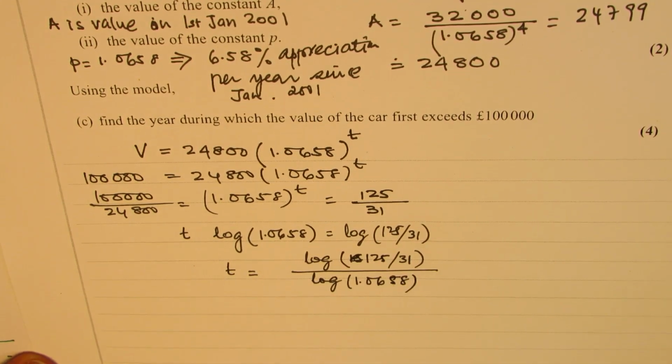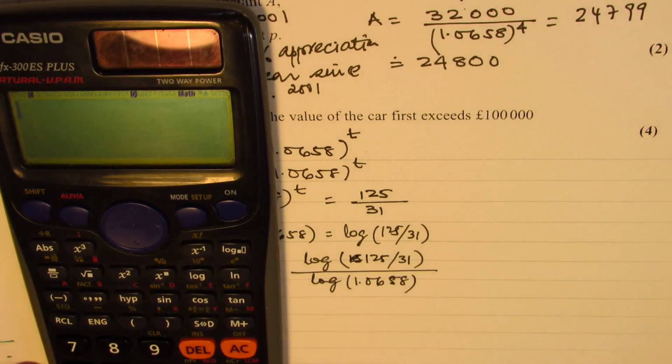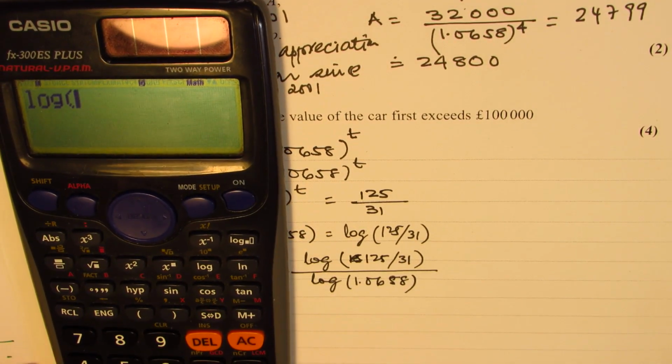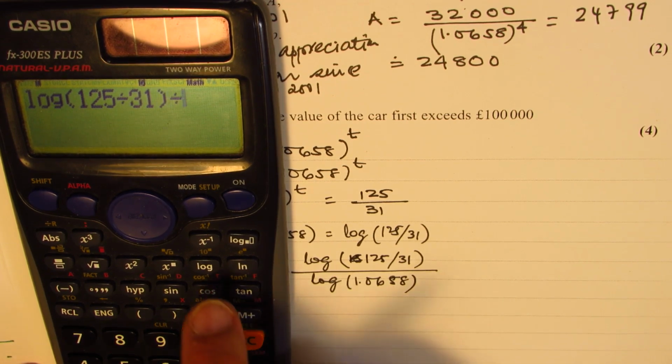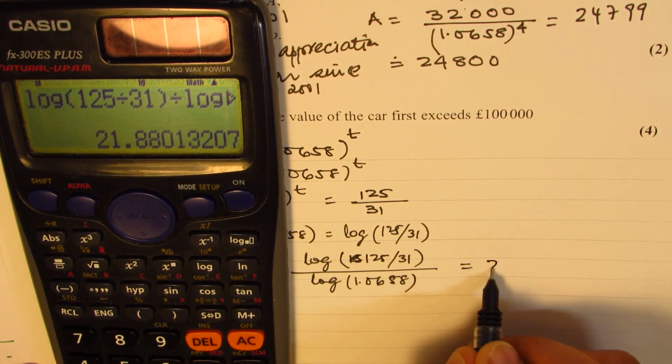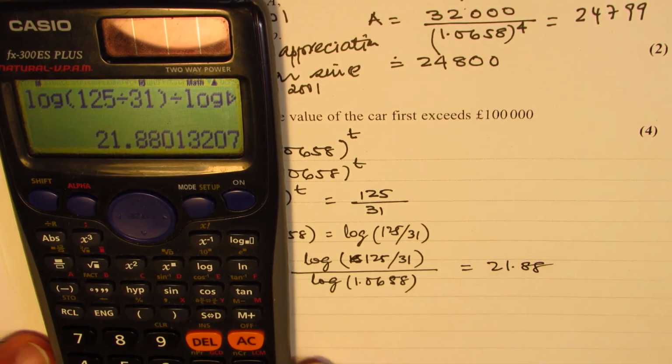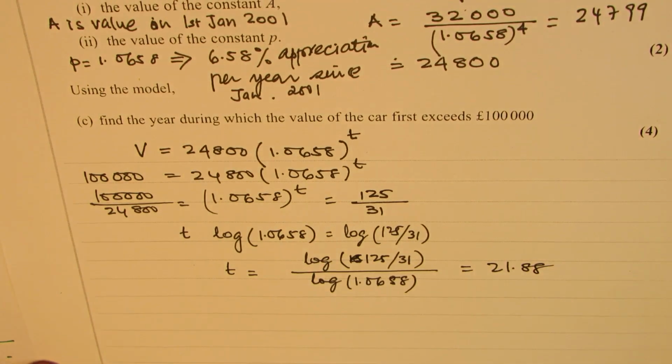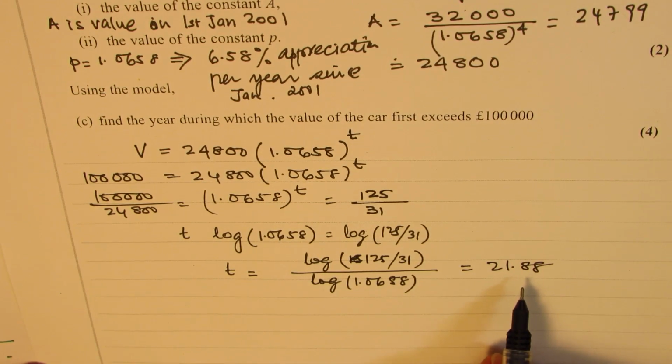You can use log or ln. Dividing, that gives 21.88. That means the value of T is more than 21.